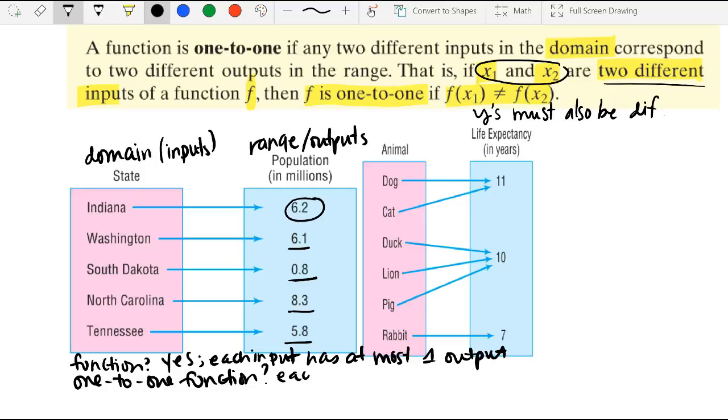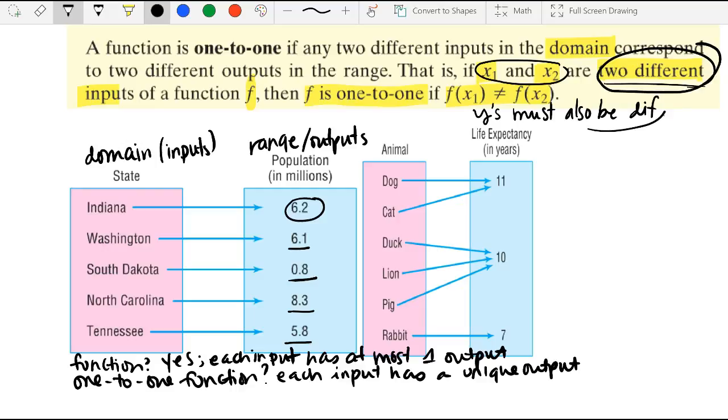So each input now has a unique output, or a different output, okay? So all of the outputs are different and all of the inputs are different, okay? And that's what it means up here. It said the inputs are different and the output has to be different for it to be a one-to-one.